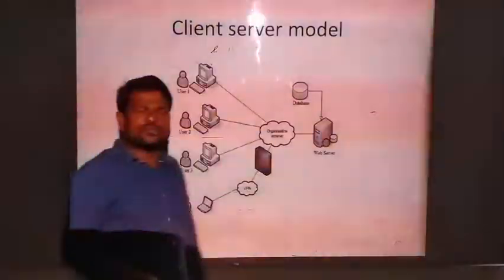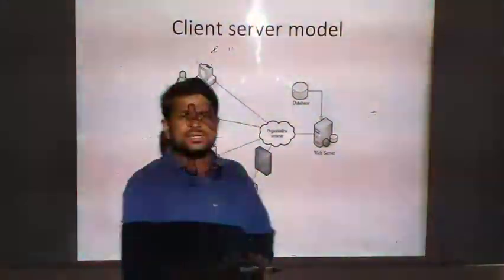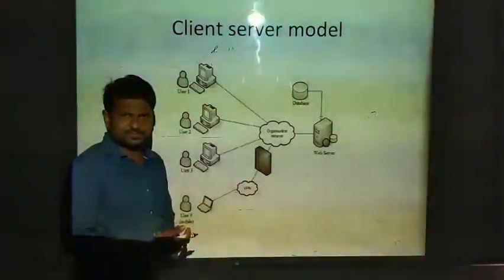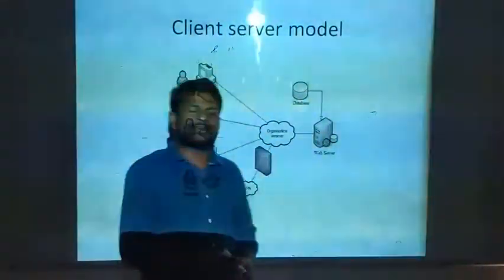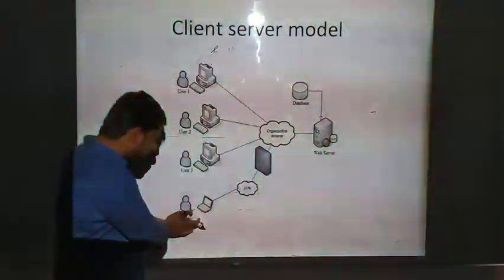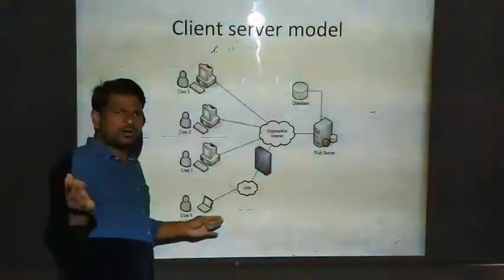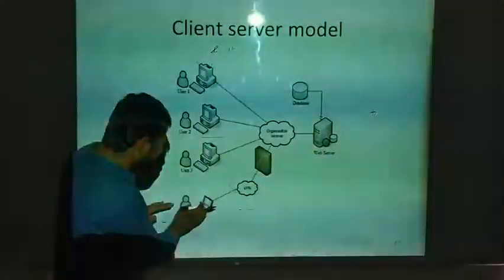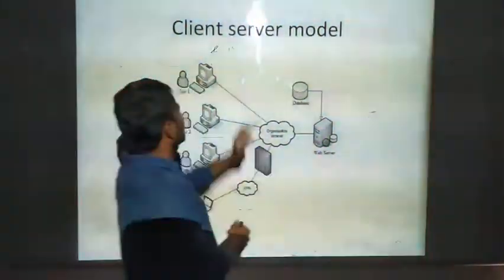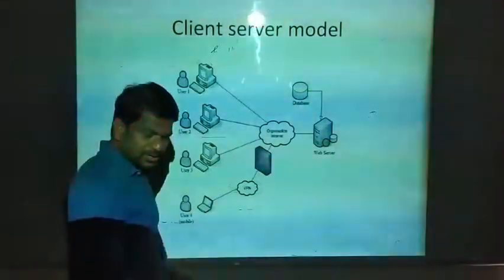Using mobile phone also we are using internet, right? So they are able to access the server. If you want to search any matter, this is accessing the web server. This we call a client server model.